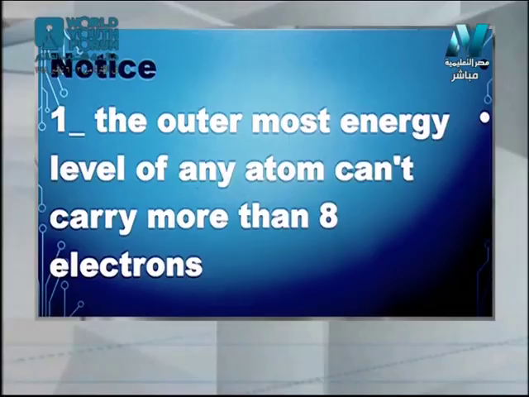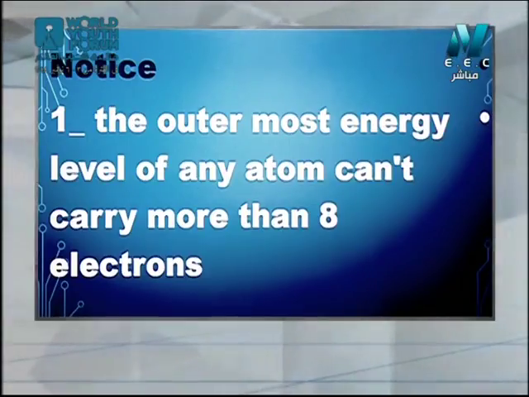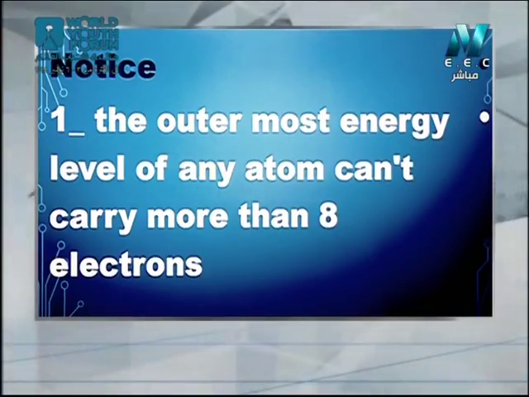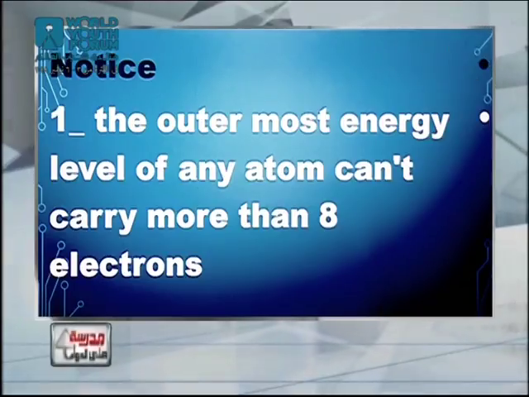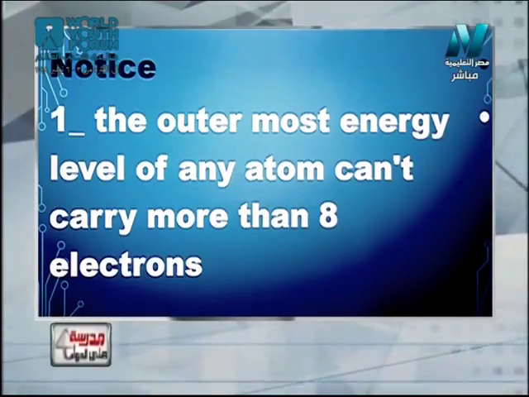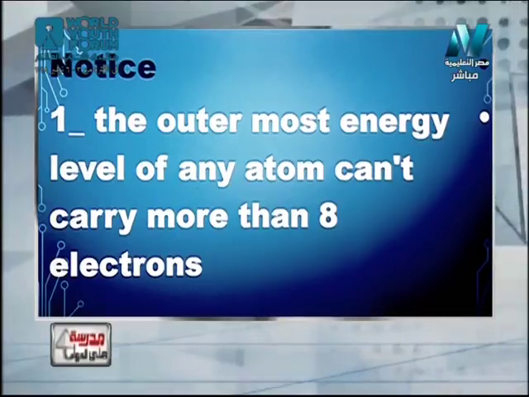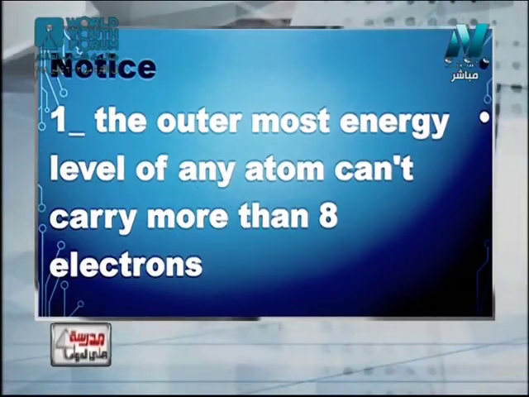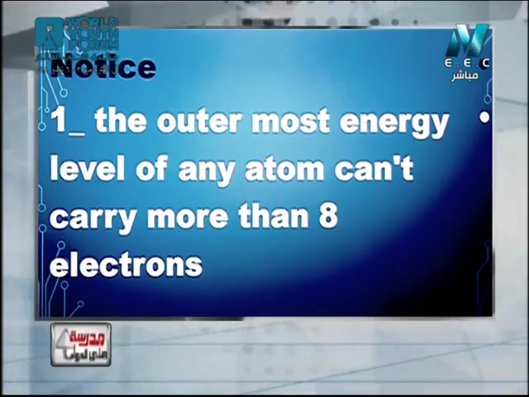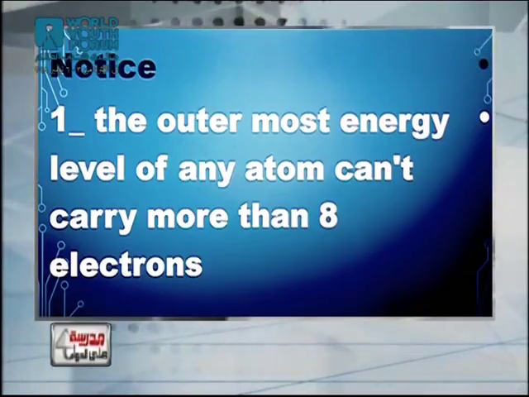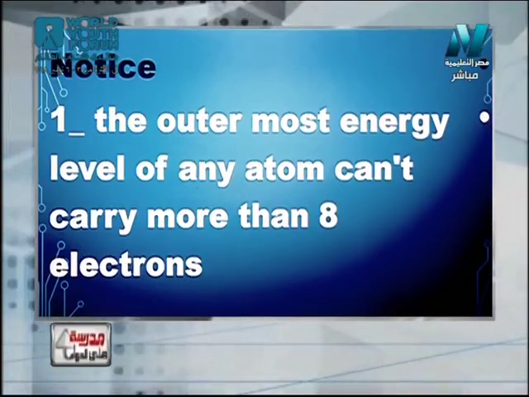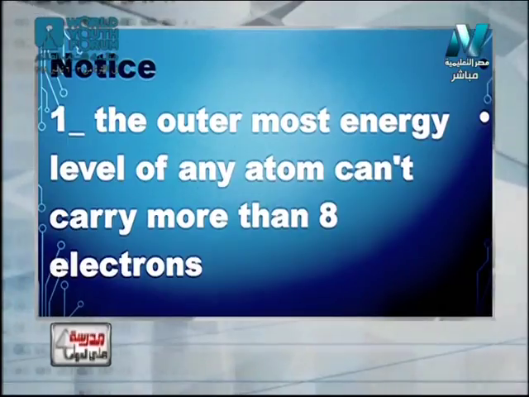But today, on the monitor please, we can notice that the outermost energy level of any atom can't carry more than 8 electrons. Outermost means the last one, maybe the first if it has just one energy level as hydrogen, maybe the second, the third, the fourth, the fifth, the sixth, or the seventh one.